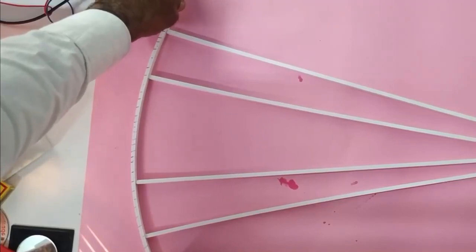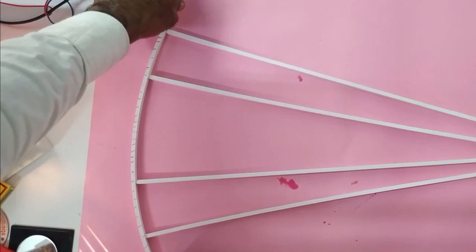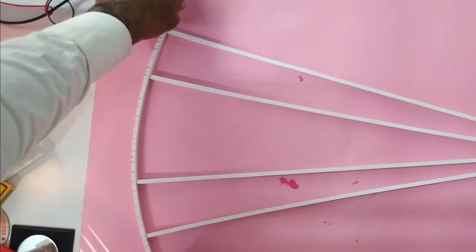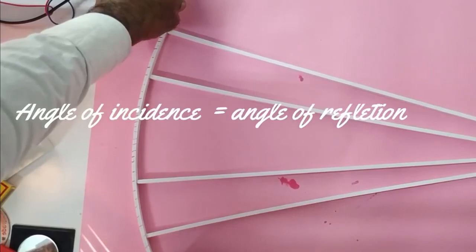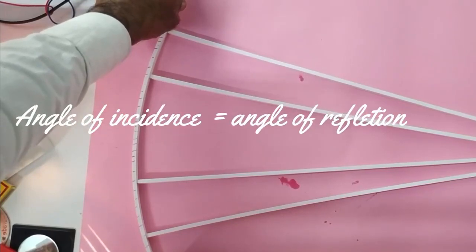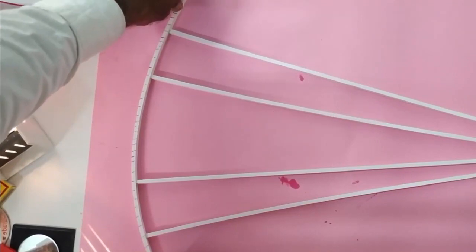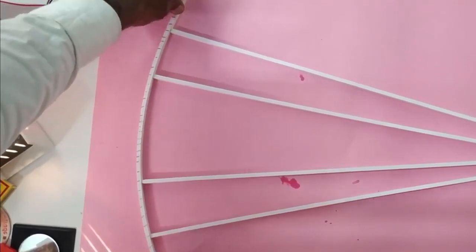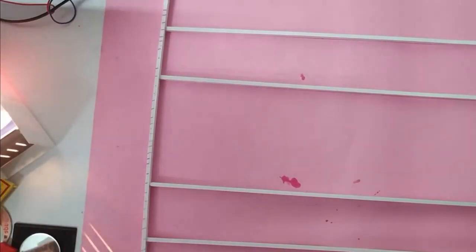And remember, even on this concave mirror, when the reflection takes place, light follows the laws of reflection. That is, the angle of incidence is always equal to the angle of reflection. And what is the difference? Only the plane is the difference. Here it is curved, whereas in the plane mirror it is straight.